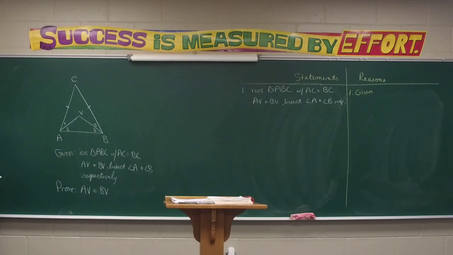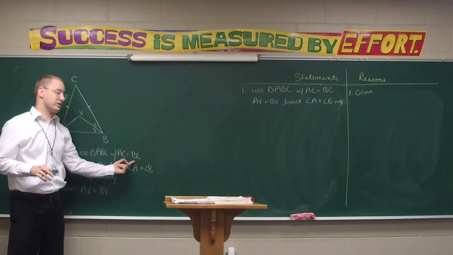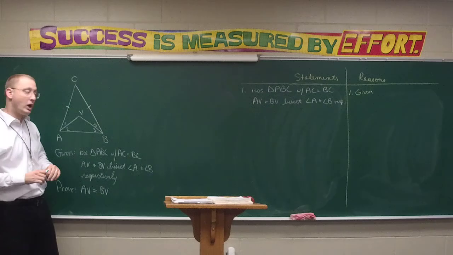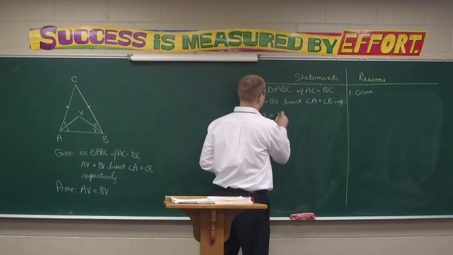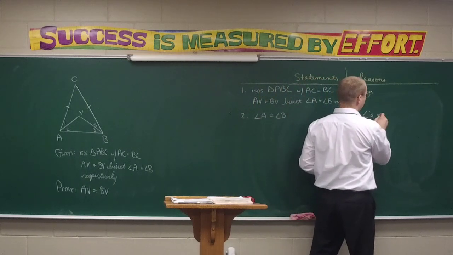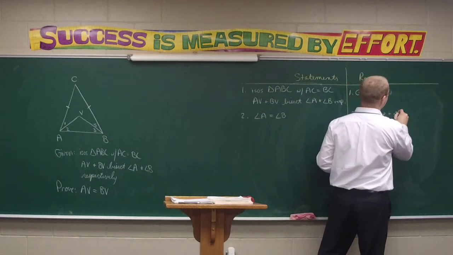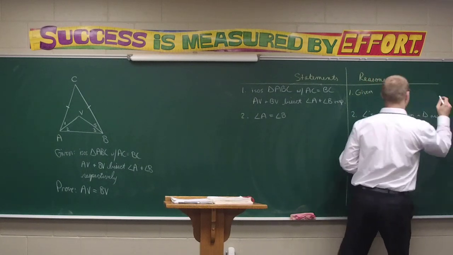All right, let's see how we did. There's a lot of clang in here. The first clang I see is equal sides in the same triangle. Clang! Equal angles. So hopefully you said that angle B and angle A are equal to each other because angles opposite equal sides in a triangle are equal.